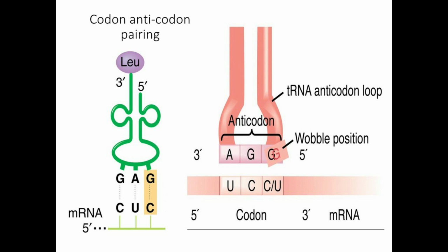So here in the diagram you can see in the anticodon loop of the tRNA, the sequence is GAG. With the help of the anticodon loop, the tRNA will come and bind with the corresponding codon on mRNA. So during protein synthesis, on mRNA there is a codon which reads as CUC.